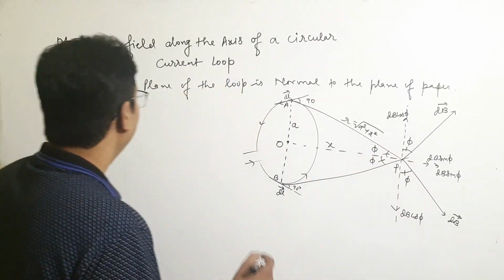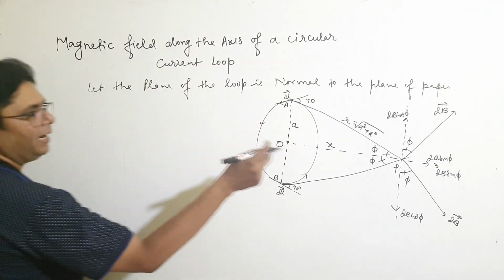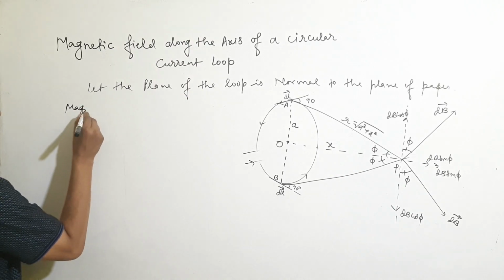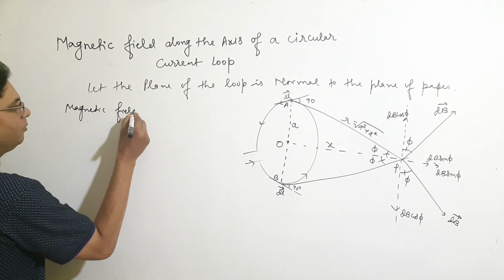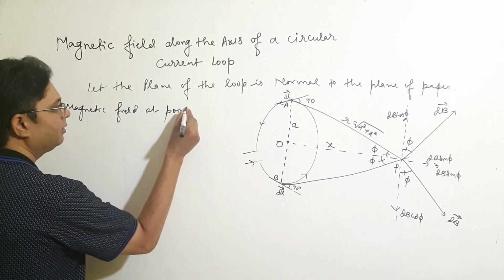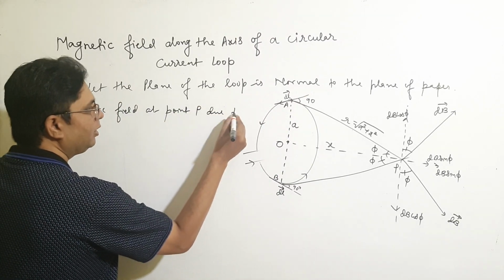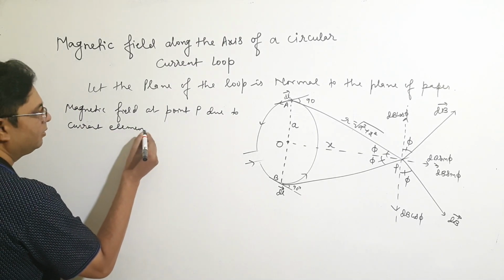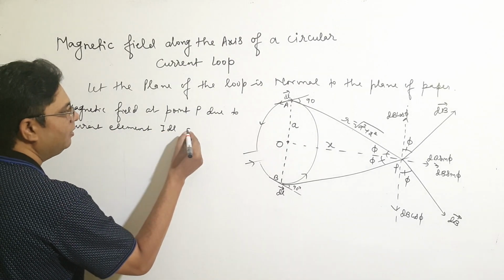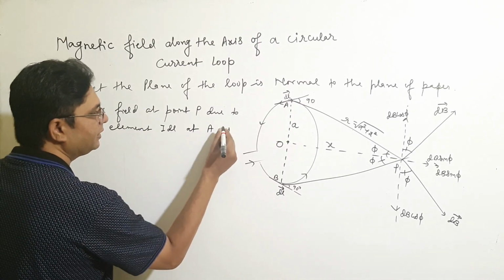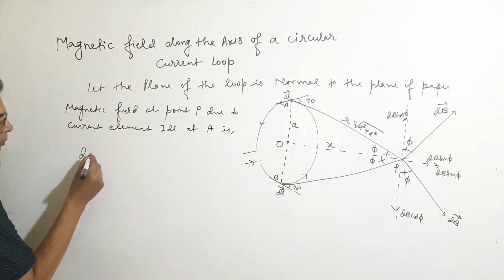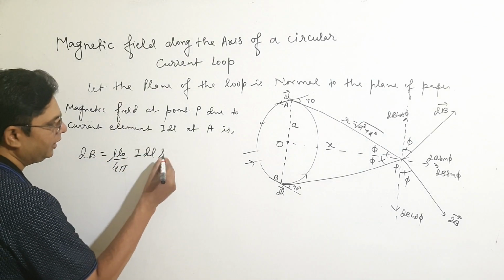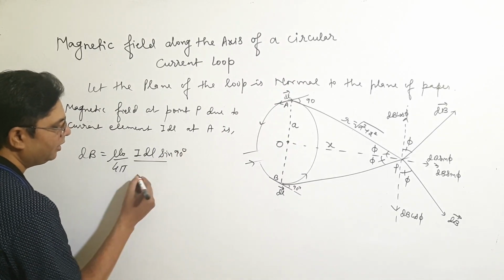So you have to integrate to obtain the magnetic field at point P. Let us see it. First, the magnetic field at point P due to the current element I dl at A is dB equals mu naught upon 4 pi, I dl sin 90 degrees upon r square.